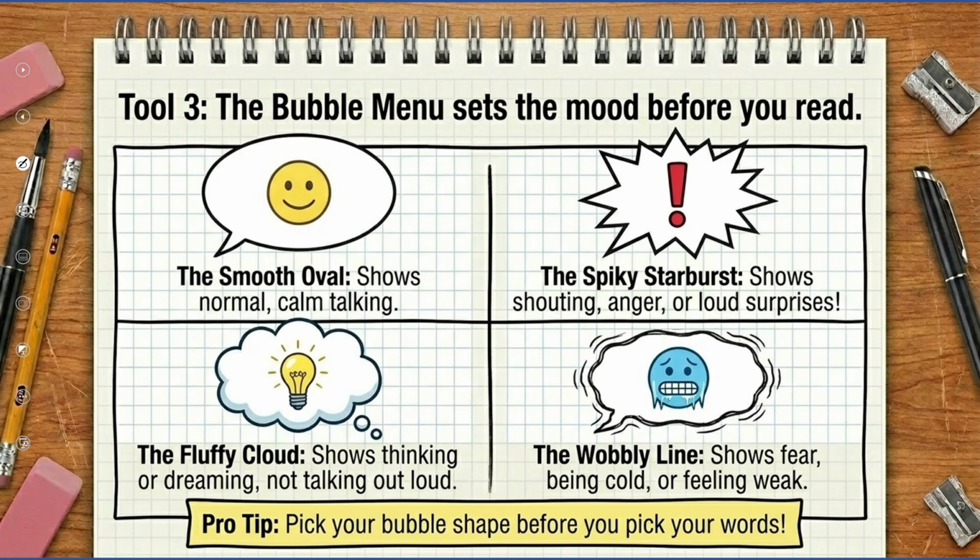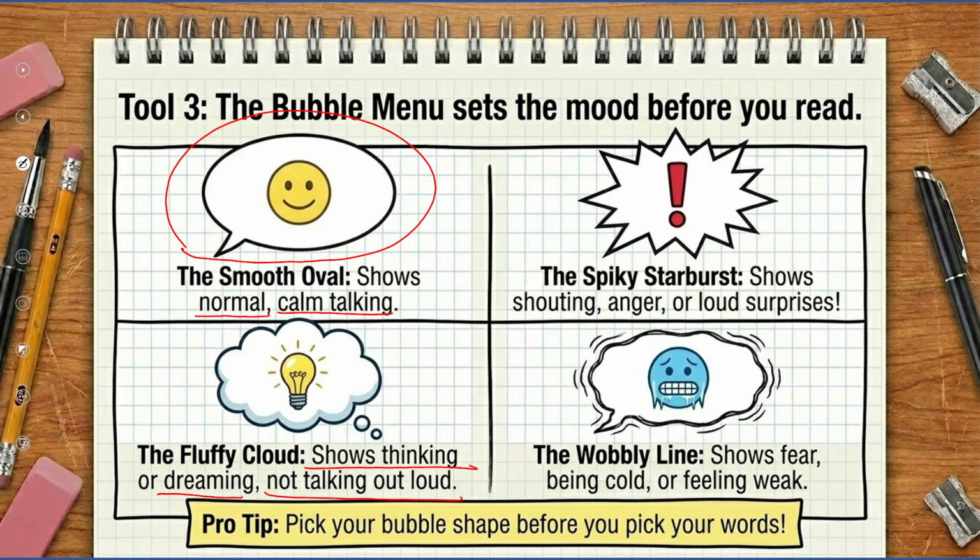Now the most important part: I told you not to write feeling words, but you have to show emotions. How can we do that? We can do that by using an appropriate speech bubble. If it is plain or smooth like an oval, it shows normal, calm talking. Got it? If it is a fluffy cloud, it shows thinking or dreaming, not talking out loud.